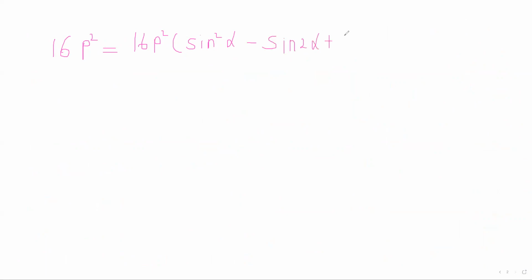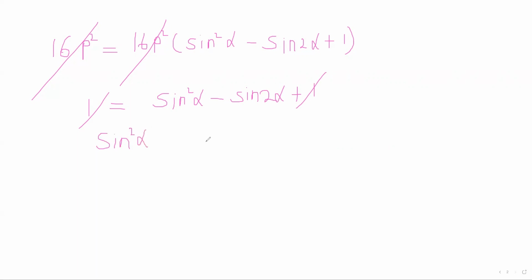So I'm going to cancel this 16p squared and this 16p squared. Therefore, 1 is equivalent to sine squared alpha minus sine 2 alpha plus 1. We can cancel this plus 1 and this plus 1. Therefore, sine squared alpha minus sine 2 alpha is equivalent to 0.